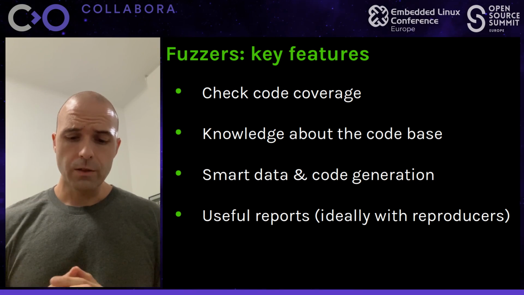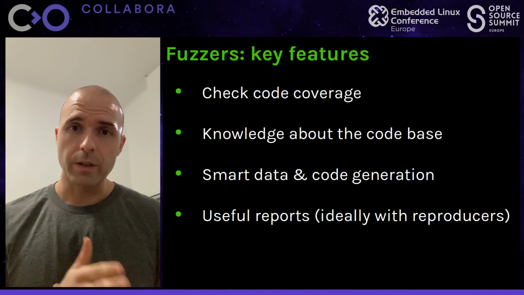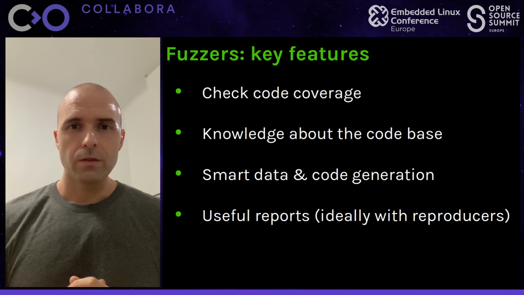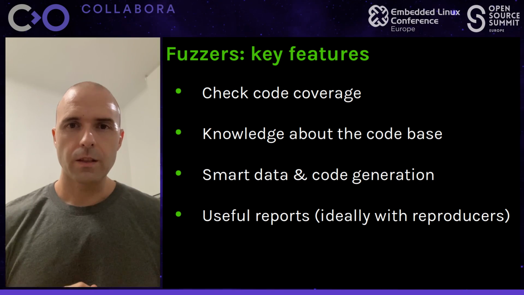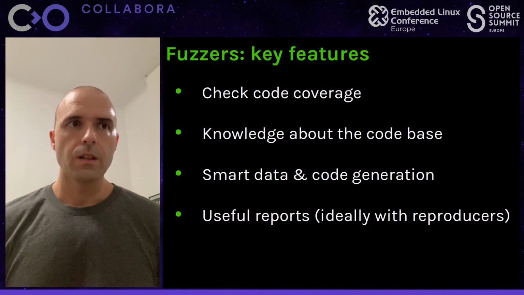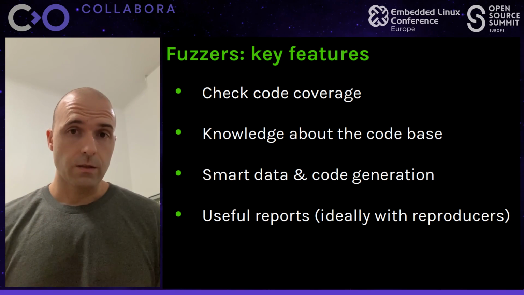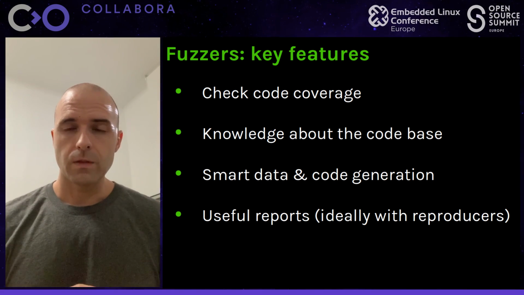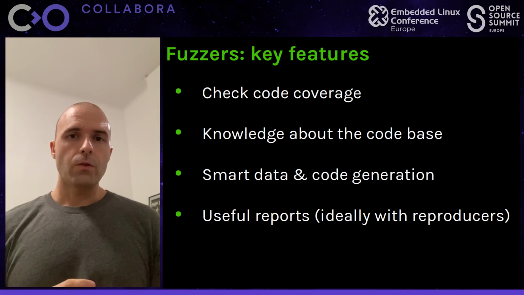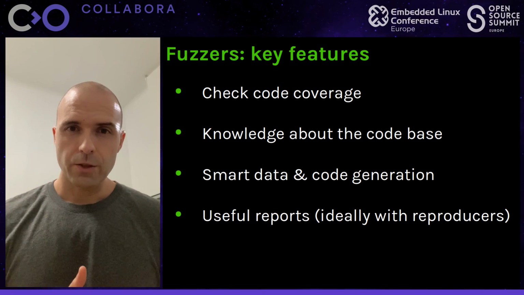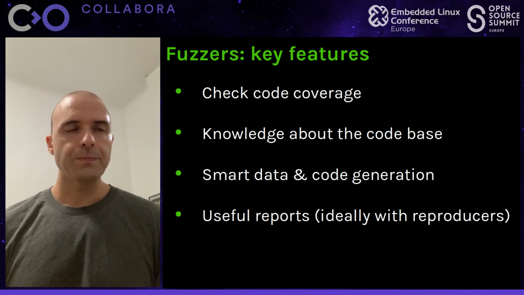So in order to make the fuzzing process more directed and more informed, we want at least this series of features, which is first of all the ability to check code coverage during the test, so that the fuzzer can do a directed search instead of a random one.